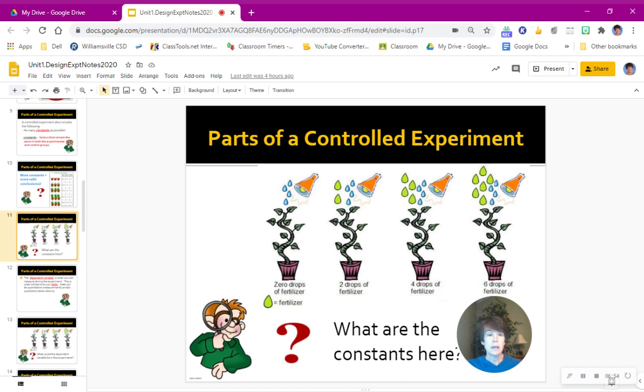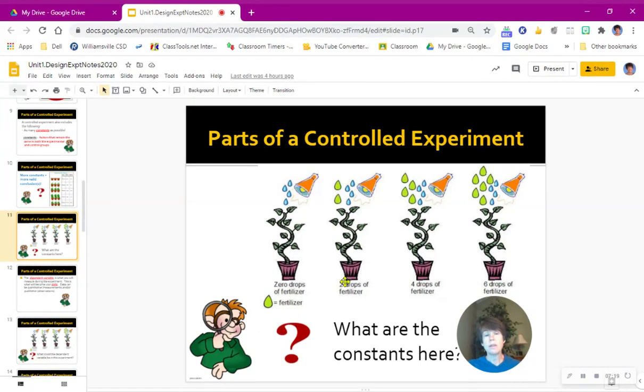So if we take a look at our plant experiment here, what are the constants? Take a moment and think about that for a minute. So if we look here, we can see that all of the plants are being given the same amount of water. All of the plants are given the same kind of light. All of the plants are the same variety or same species.